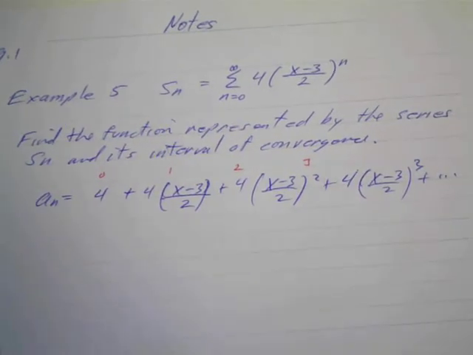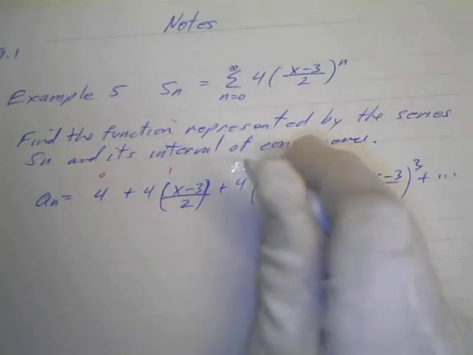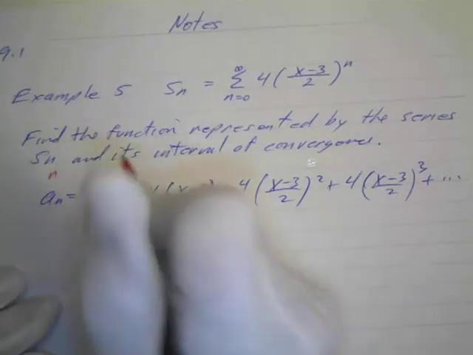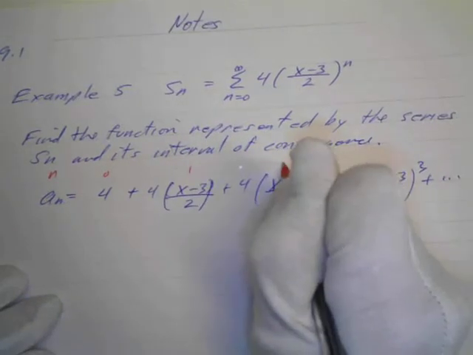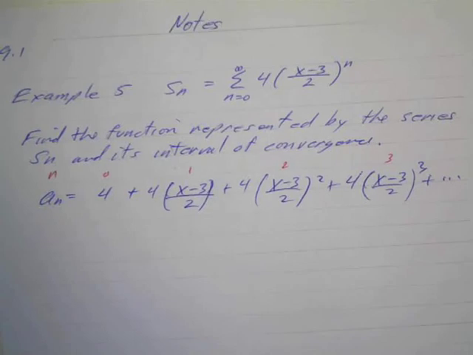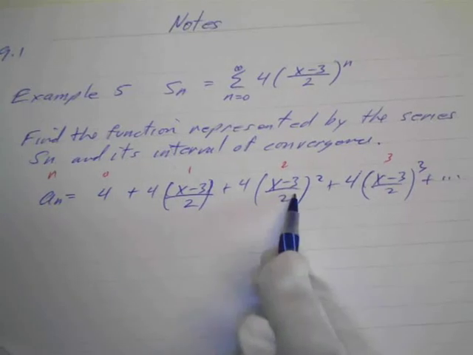I lined these up a little bit off center because those are longer terms. So this is when n is 0, 1, 2, 3, and when n is n, we've got this term here. That's what it looks like, and you can see that in each case we multiply the previous term by this factor.